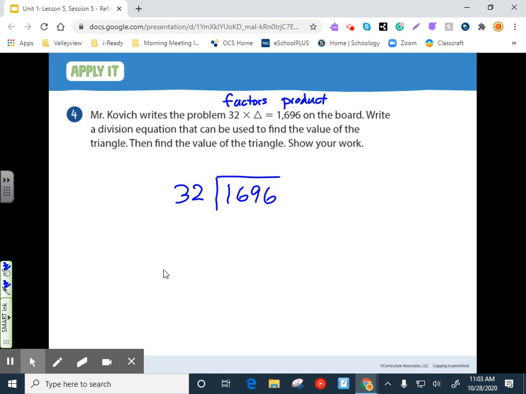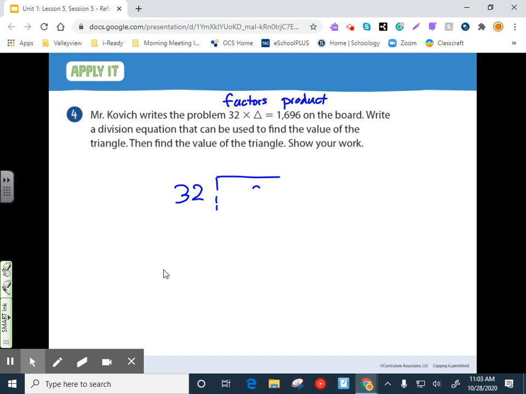So when you check your multiplication problems, your quotient and your divisor are actually factors, and then your dividend is actually like the product. So that's how they're related. So it's just good to know for that.